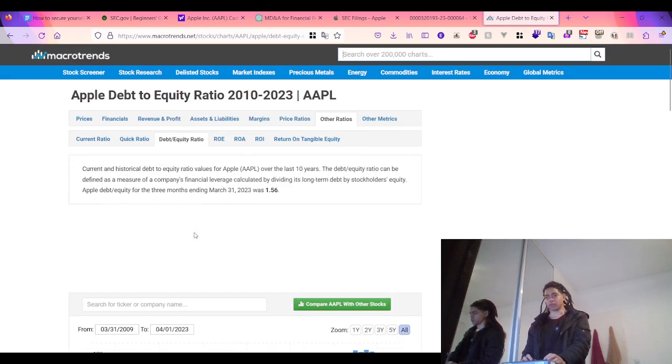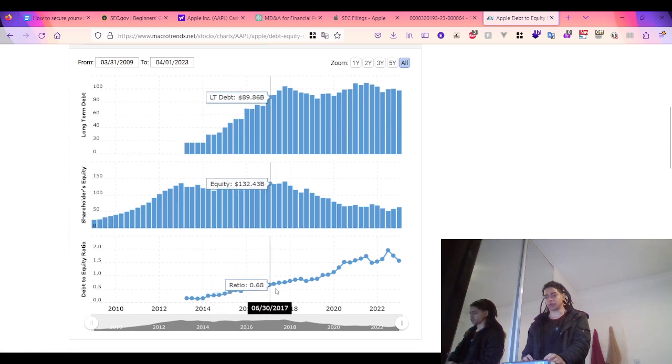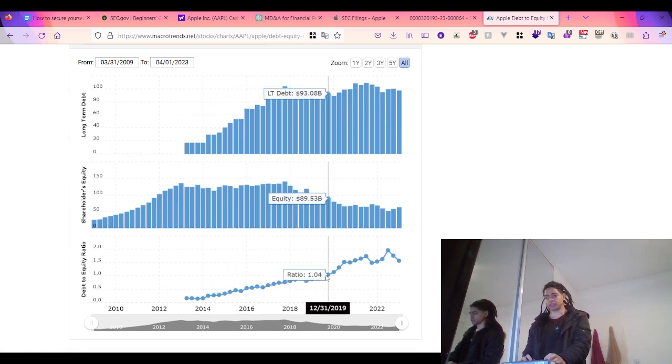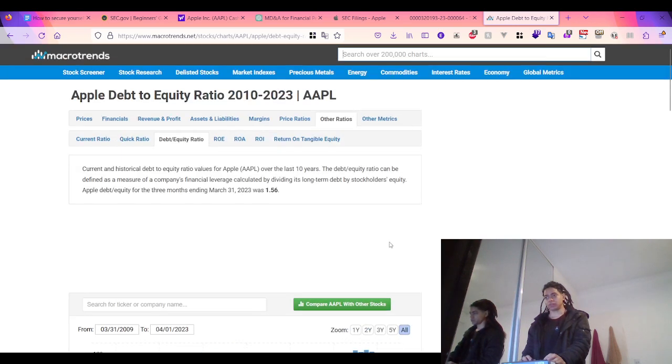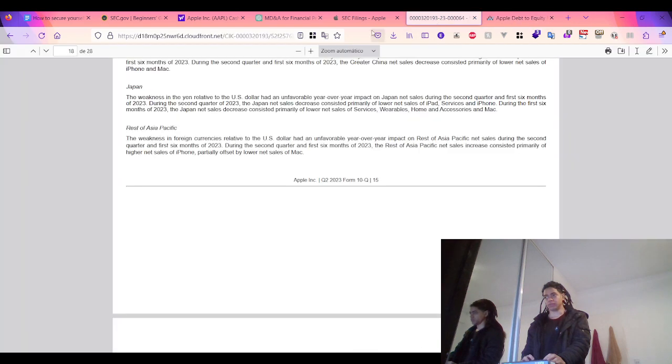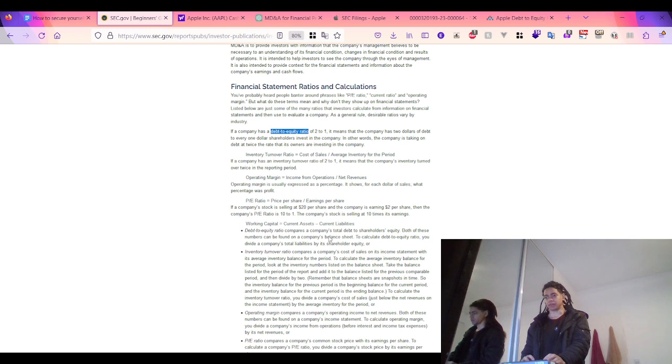Debt to equity is, for any dollar a shareholder invests, you're getting half. Interesting.